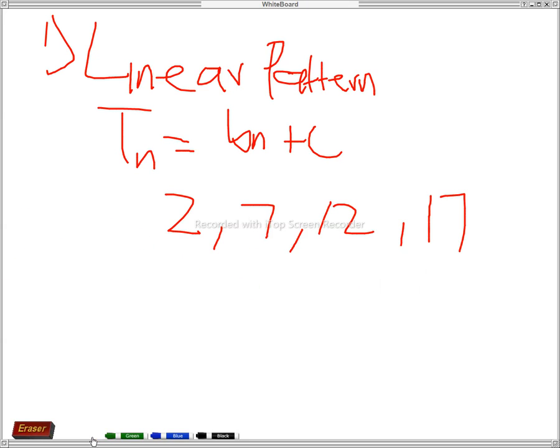This is the simplest pattern in mathematics. They are not that difficult. If you study them very well and practice them, they are going to be easy for you.